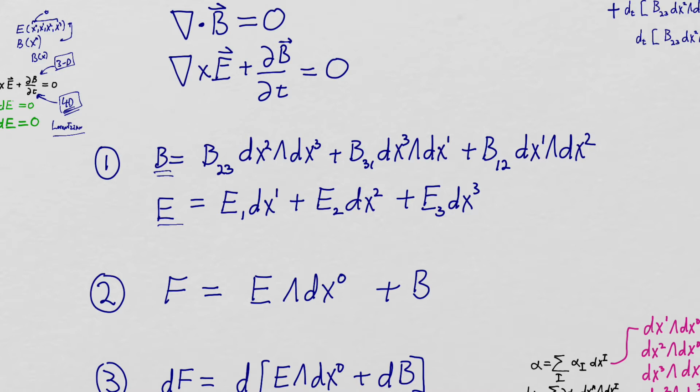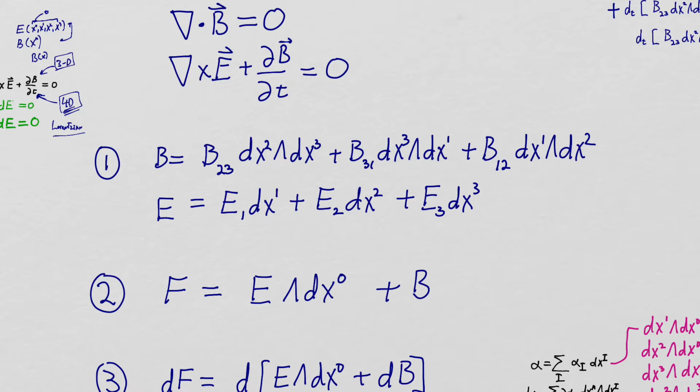Now we just know that the magnetic field is a 2 form, and here is the 2 form structure. It's the same 2 form structure as in 3 dimensions. That's important because the magnetic field we still understand as a vector in the world, so it has to be an object that has 3 dimensions to it.